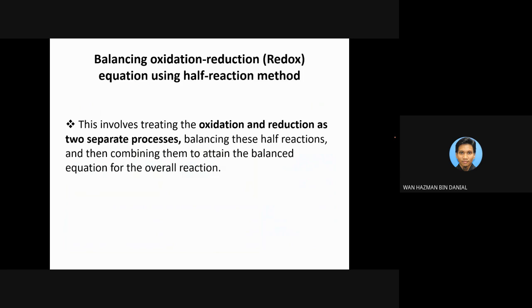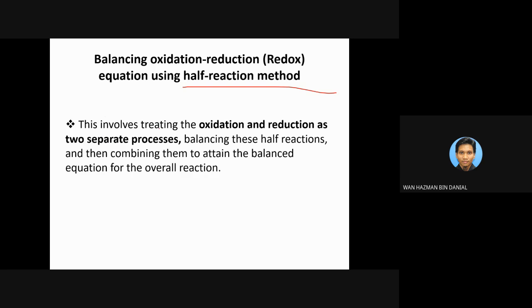So now we are going to look into how we balance the redox reaction. We have a method we call the half reaction method. We can use this method to balance any redox reaction.